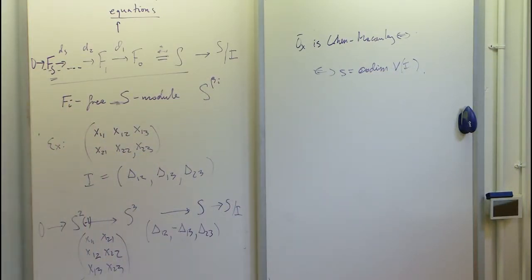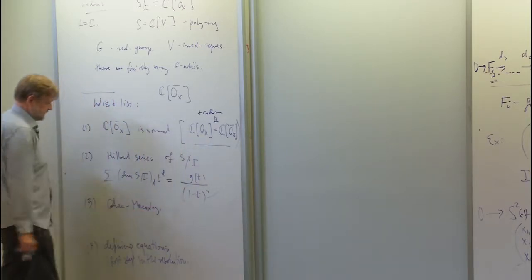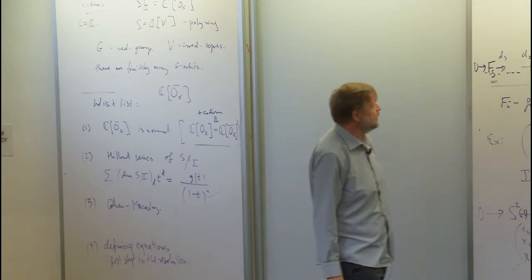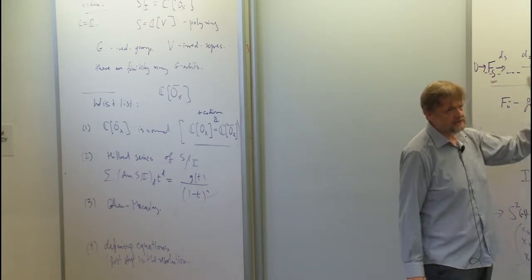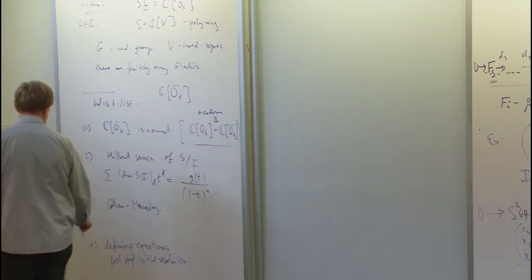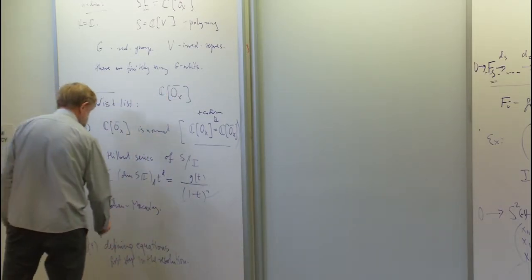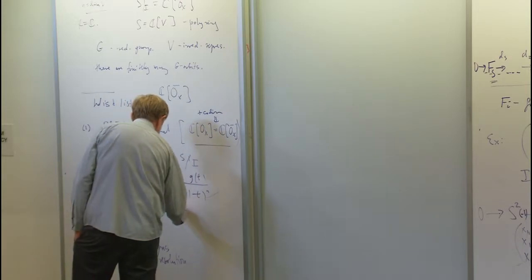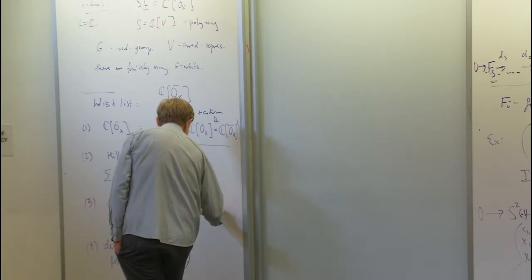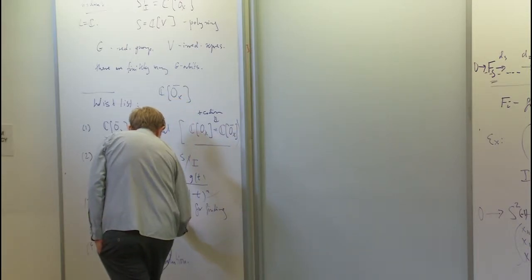One of the reasons is that if you have candidates for the equations of the variety, and you know that it's Cohen-Macaulay, it allows you to conclude that you really got all the defining equations. Okay, so that's useful for defining equations, for example.